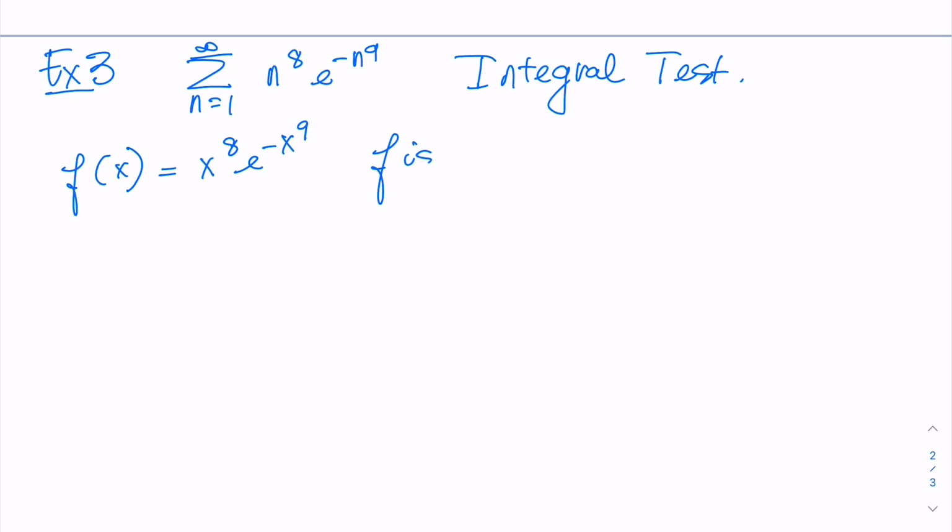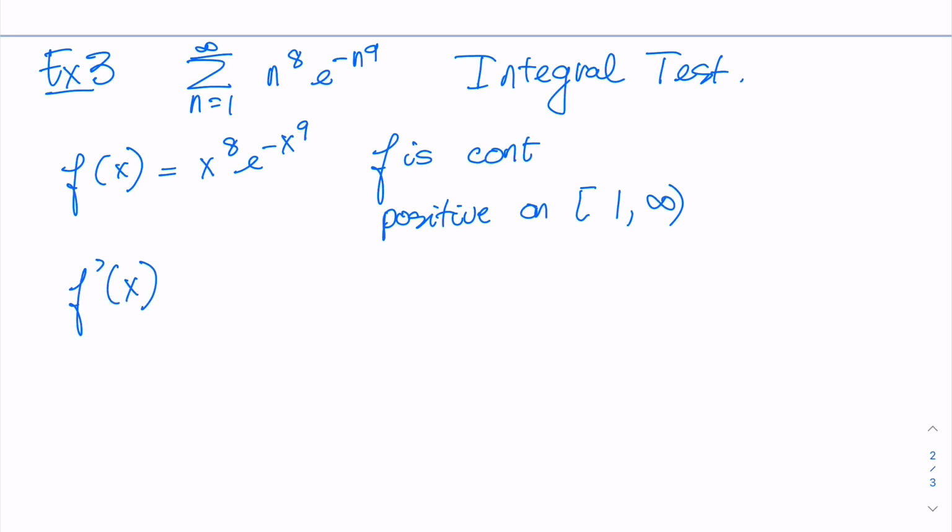So f is continuous. That's the first hypothesis. It's positive on 1 to infinity. And we have to check whether the function is decreasing or not. In order to check for decreasing functions, we're going to take the derivative, and you can use the product rule for this one.